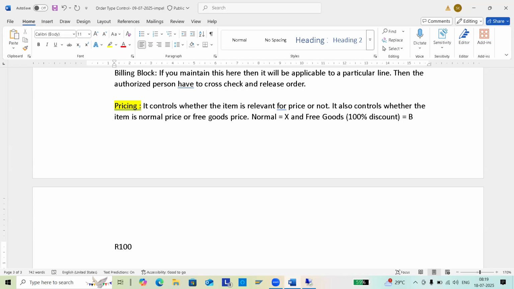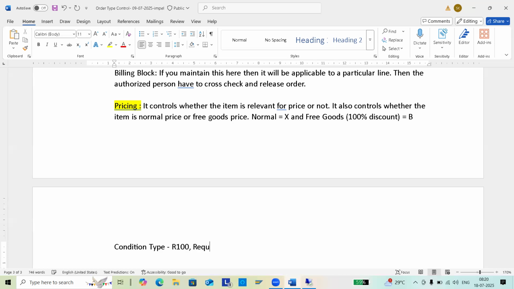R100, it is. Okay, so in this case the condition type is R100. Then what is next?